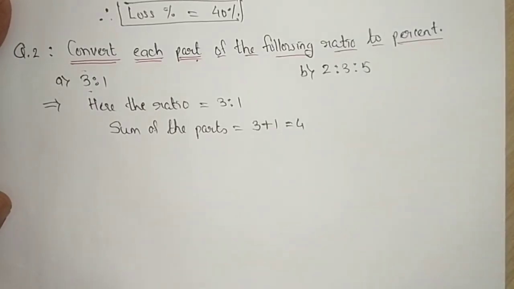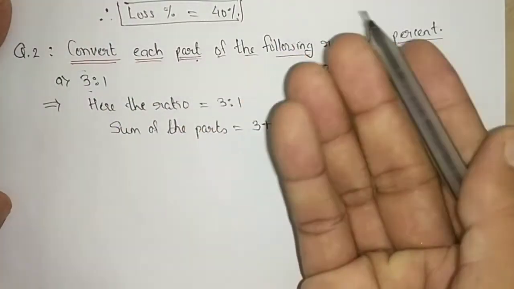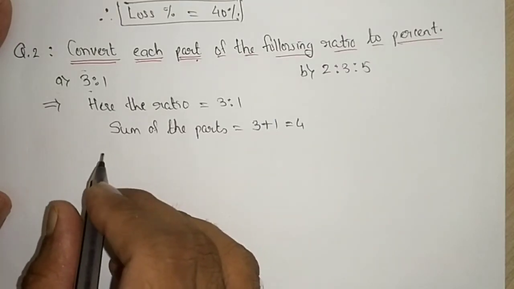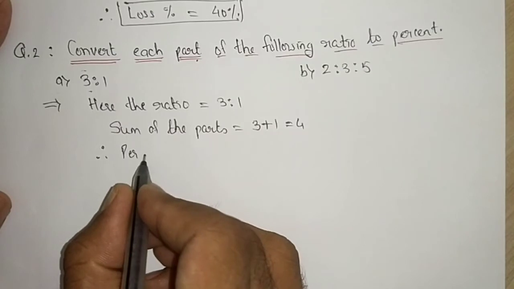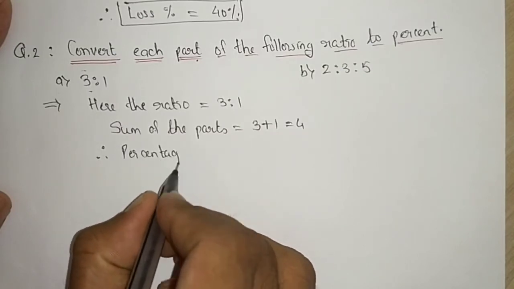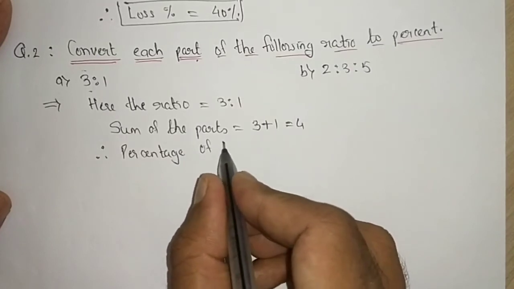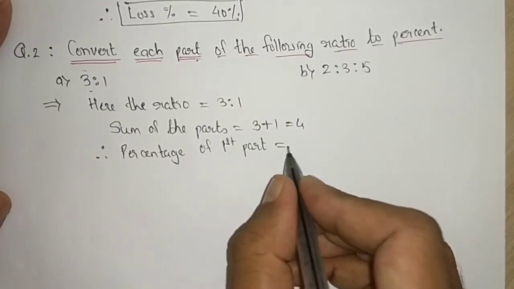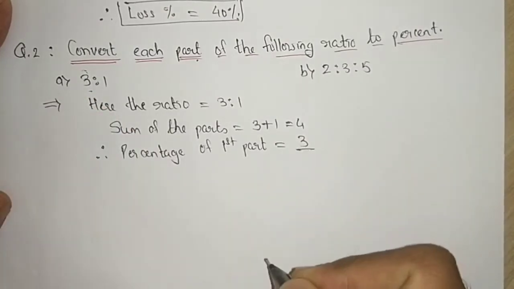Now they have asked us to convert each part of the ratio to the percentage. So I will write therefore percentage of first part is equal to, first part is how much? 3 parts, out of how many parts?